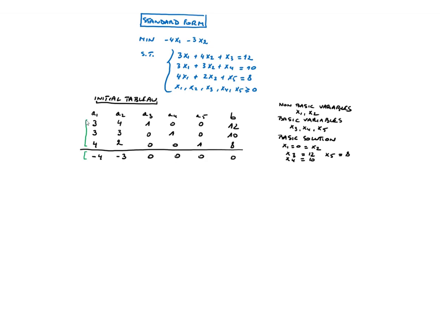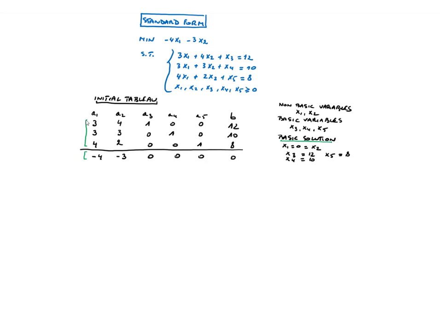Here we see that the basic variables are the three slack variables, and the non-basic variables are the operational variables x1 and x2. The basic solution here is, of course, x3 is equal to 12, x4 is equal to 10, x5 is equal to 8, and you set the non-basic variables to 0, as you can see over here.